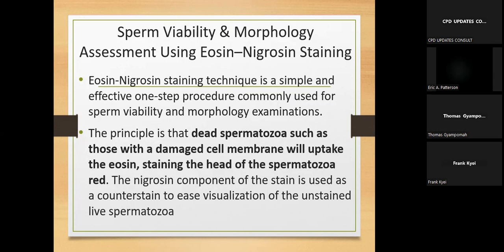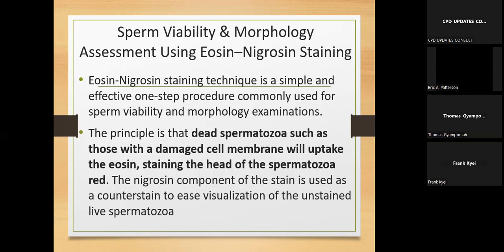We have nigrosin as an acidic stain. If nigrosin is an acidic stain, it means that it has extra negative charge. Now, the cell walls of sperms are negatively charged.